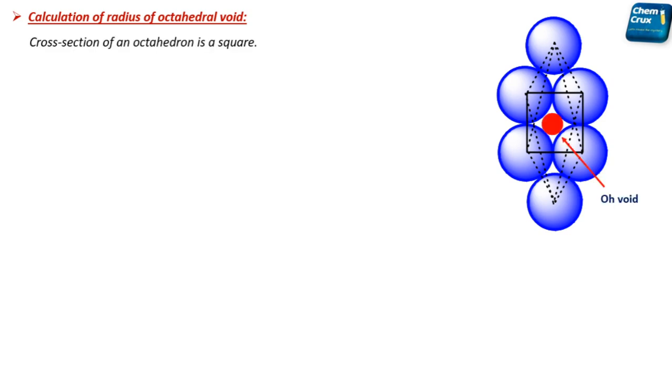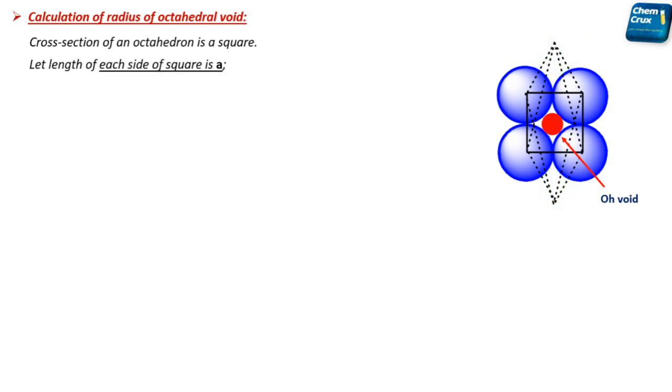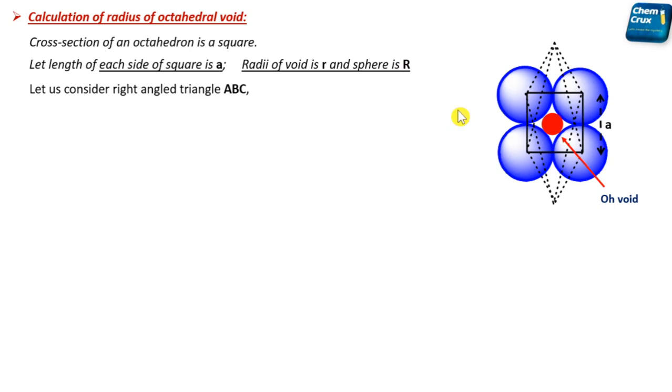Now here we will consider only the cross section or the plane of the octahedron, which is actually a square. So let us fade out the spheres that are present above and below the plane. Now the length of each side of the square is a, right? Radius of the octahedral void is small r and radius of the sphere is capital R. Now let us consider the right-angled triangle ABC.